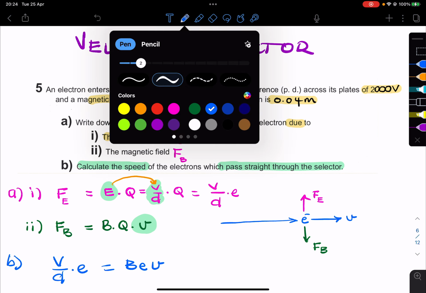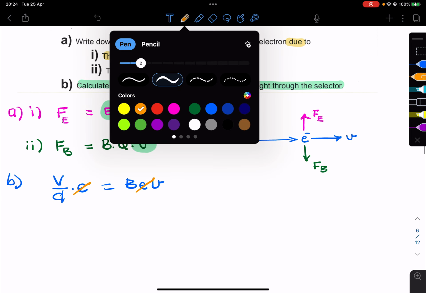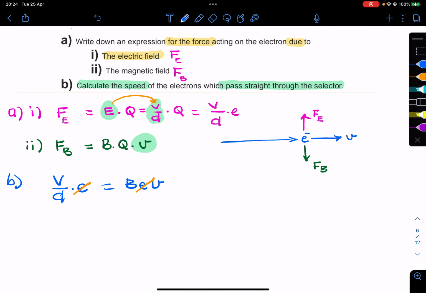But I can divide both sides by e, the charge of the electron, because that is the same. So I can rearrange and say v equals uppercase V over BD.